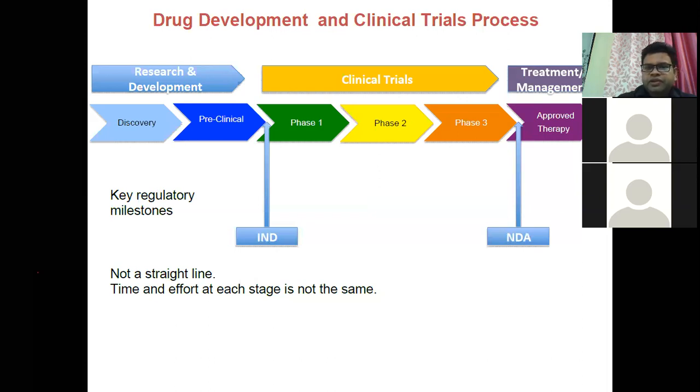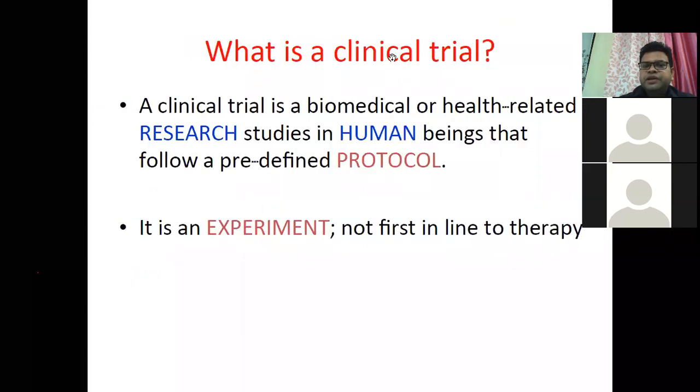Because in all phases, time and effort are not the same. So what is a clinical trial? A clinical trial is a biomedical or health-related research study in human beings that follows a predefined protocol.